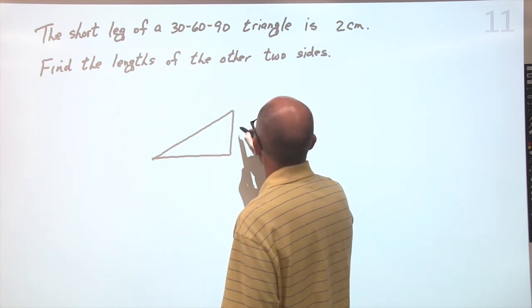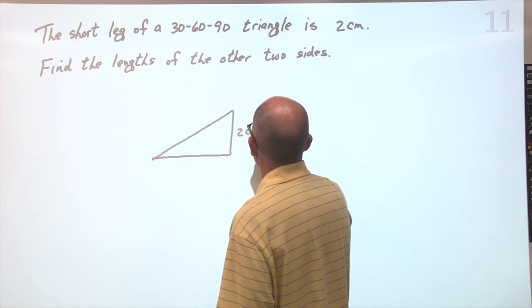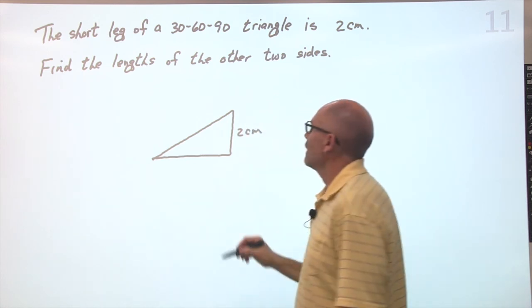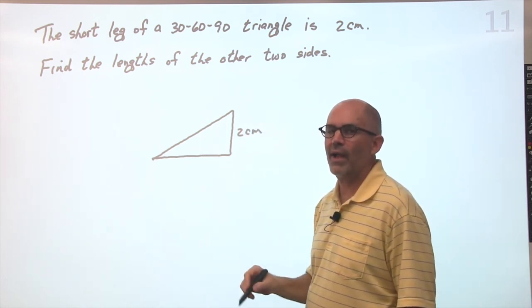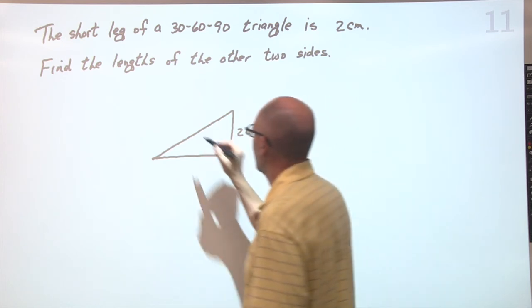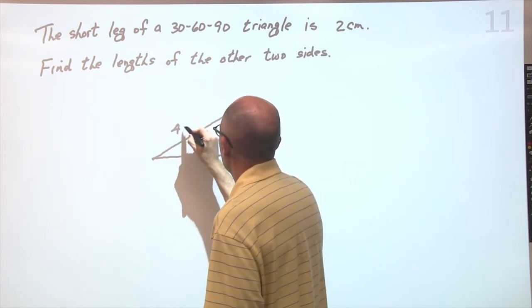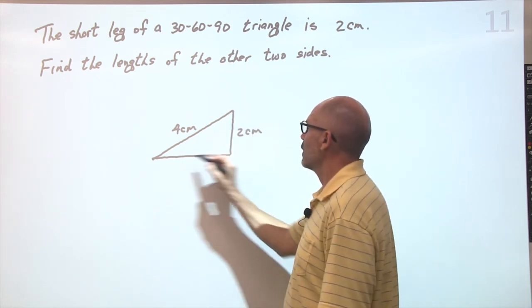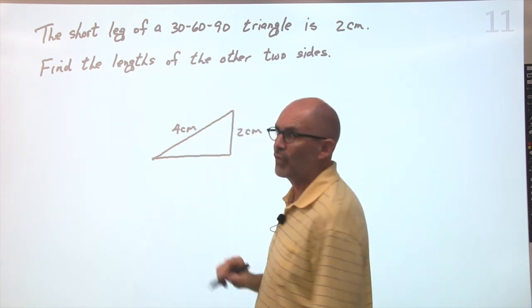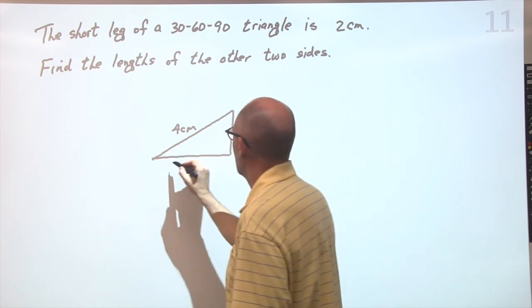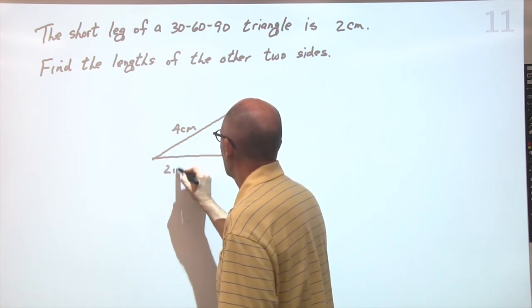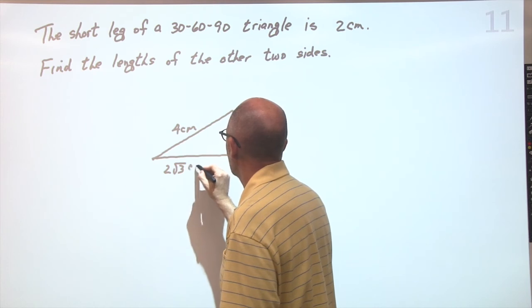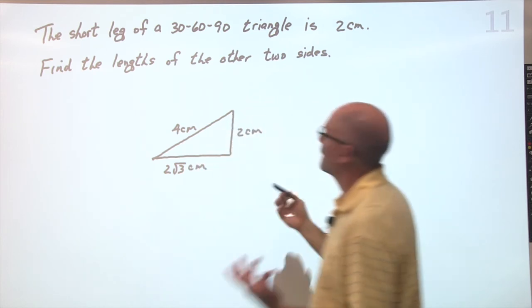So the short side is 2 centimeters. Now, the hypotenuse is always twice the short side, so that makes it 4 centimeters. And the long leg is always the square root of 3 times the short side, so this becomes 2 square root of 3 centimeters. That's it, game over.